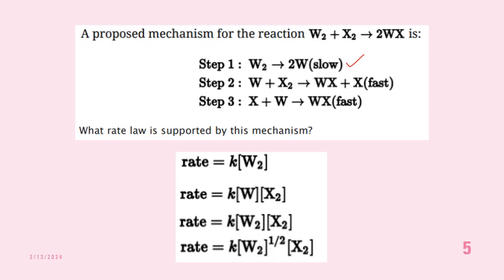The rate law depends on that step. What's the rate law for this one? That depends only on the reactant here. So rate equals k times concentration of W2, that is the first one given here. It does not depend upon X2, so we don't have to pick the rest. Only this is the right answer because that is the slow step and only the W2 reactant is there.